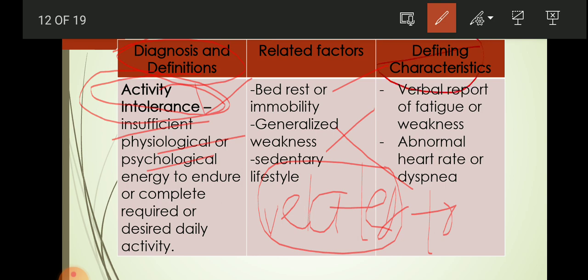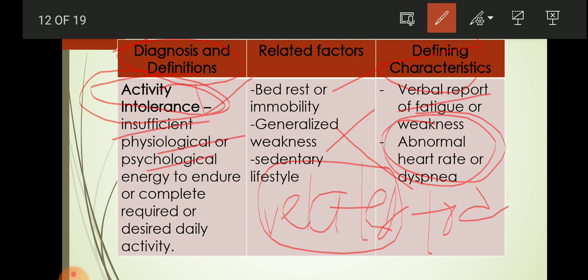Defining characteristic, as verbalized by the patient. The defining characteristic, guys, is based on your assessment. For example, activity intolerance related to, maybe you saw here that his heart rate is abnormal or he has dyspnea. Dyspnea is difficulty in breathing, right?